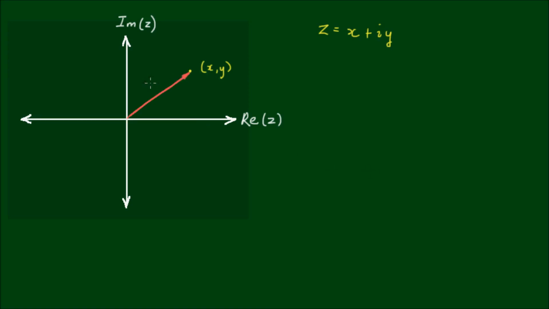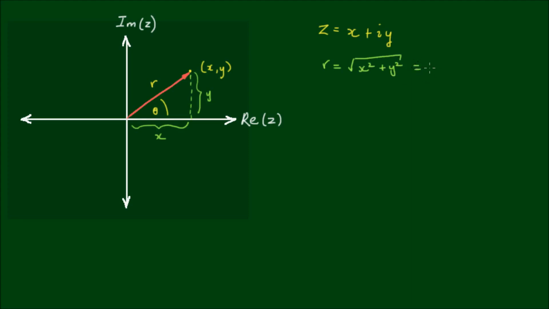And this vector will have a length of r and an angle of theta with respect to the real axis. And we know, just as in plane geometry, that it will have a height of y and a horizontal component of length x. So by Pythagoras' theorem, the length r is equal to the square root of x squared plus y squared.